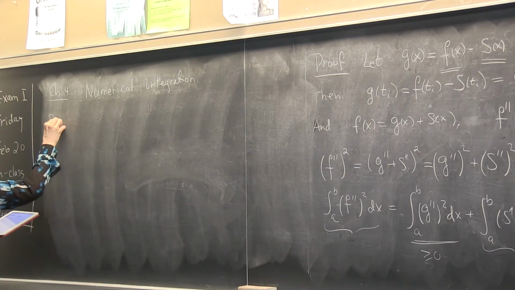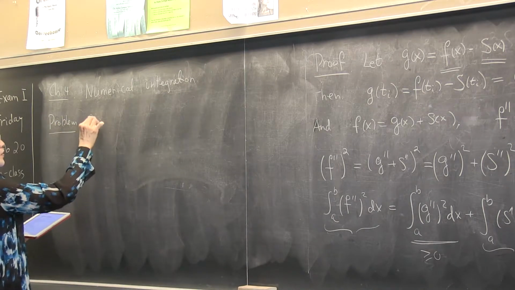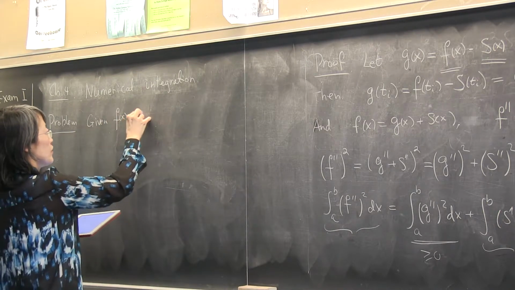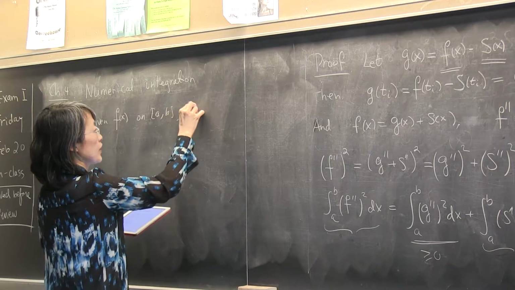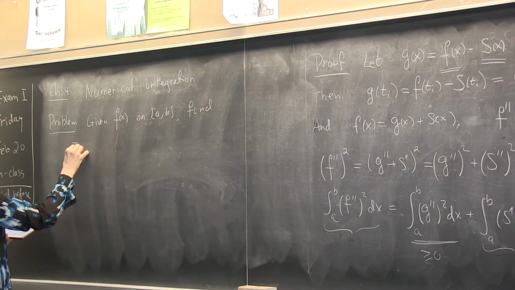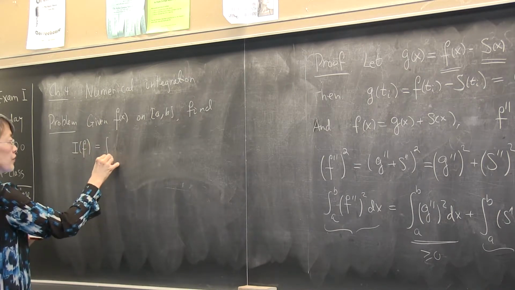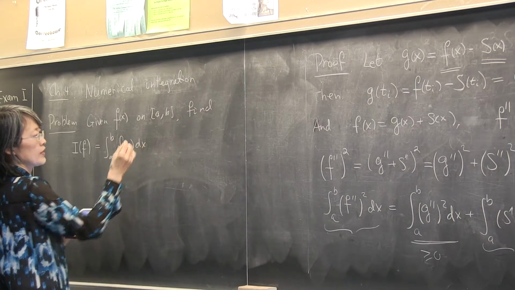So the problem is the following. I have a function given on some interval from a to b, and I want to find the integral. So I call it I of f, the integral of this function f from a to b of f(x) dx.